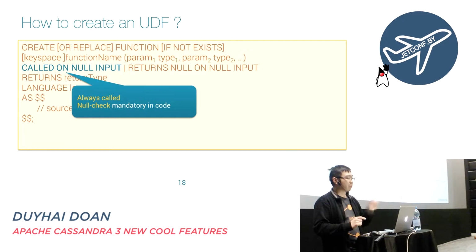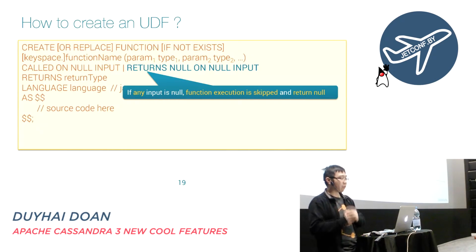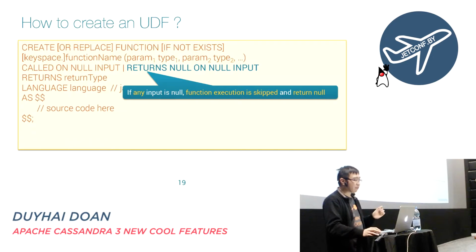Called on null input means that in your source code you have to check for null values. Returns null on null input means that if any parameter has a null value, Cassandra will not execute this function and will return null directly.